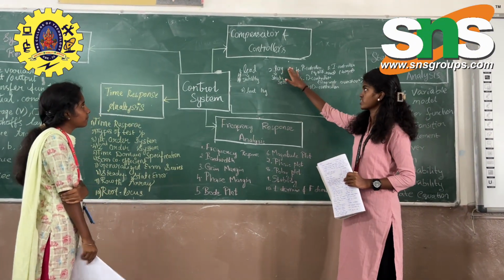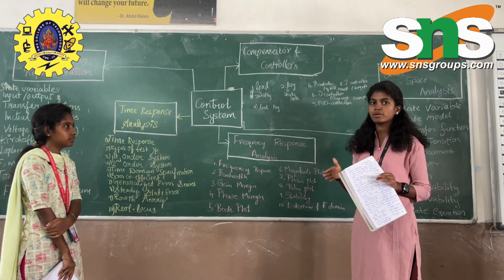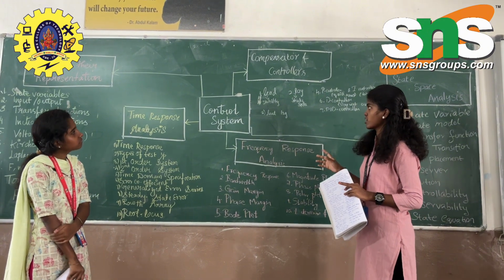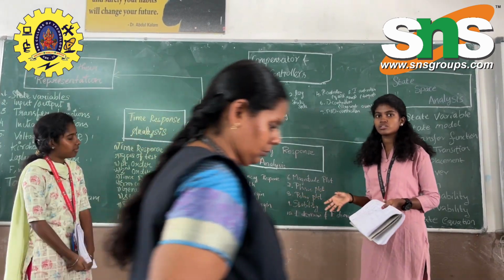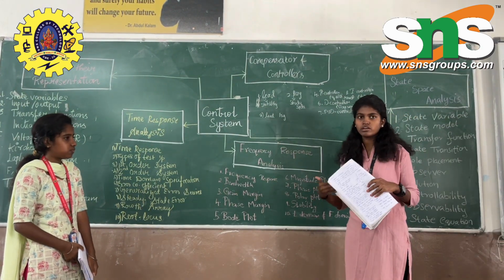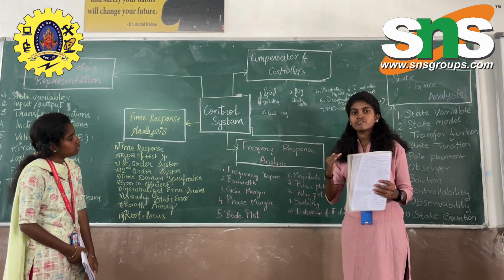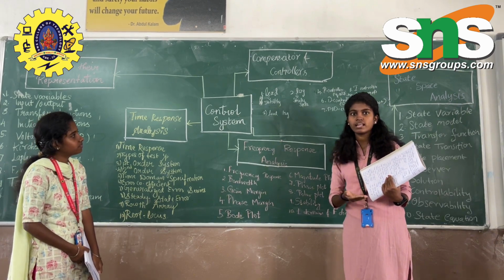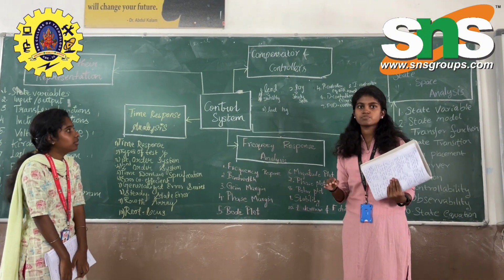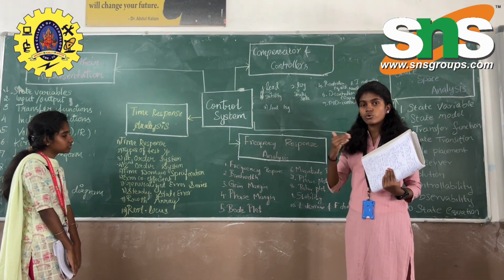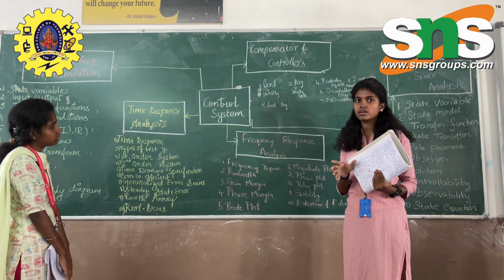Unit 4 is compensators and controllers, and its major roles are control and compensation. In compensators there are 3 types: lead, lag, and lead-lag. A lead compensator mainly focuses on the stability of the system. For example, in an electric motor whose speed is too high, it slows down the speed and gives the correct, stable speed.